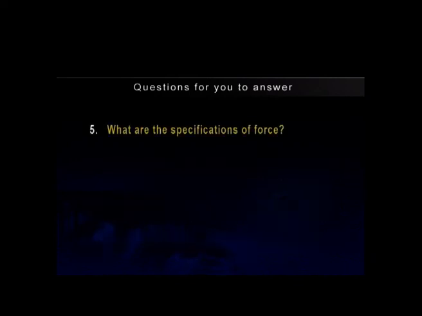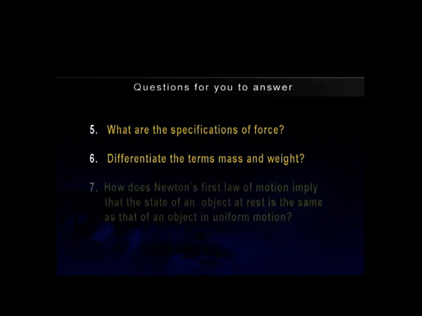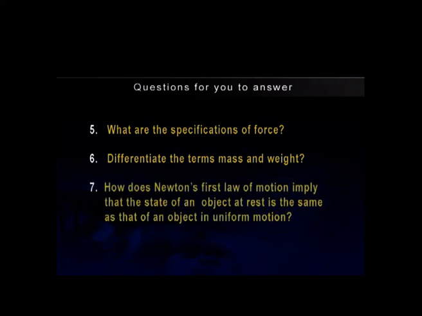What are the specifications of force? Differentiate the terms mass and weight. How does Newton's first law of motion imply that the state of an object at rest is the same as that of an object in uniform motion?